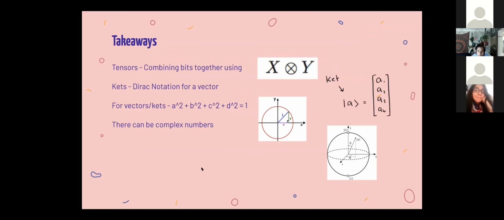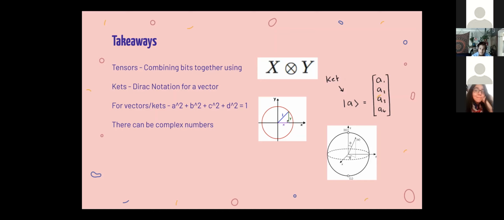So the takeaways would be tensors. You can combine these qubits together. The kets are just a way of mathematically denoting these vectors. You can translate these kets and vectors into the probability density matrix via the equation of squaring all the numbers, which should equal 1, and thinking of this as kind of a sphere, where the qubits represent different points on the sphere.